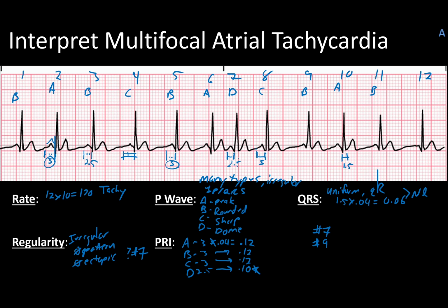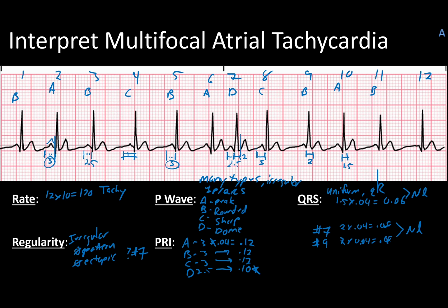If we measure number 7, it's a 2. So 2 times 0.04 equals 0.08. And then same with number 9. And those are normal.